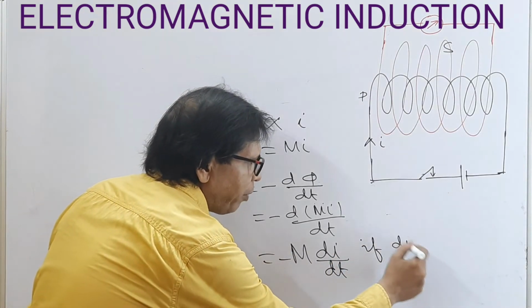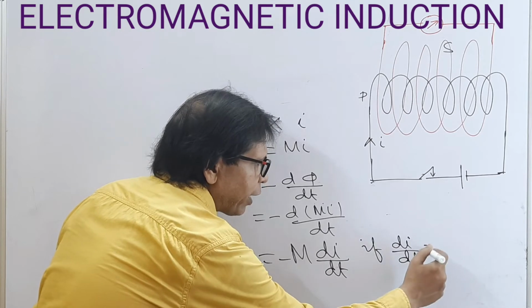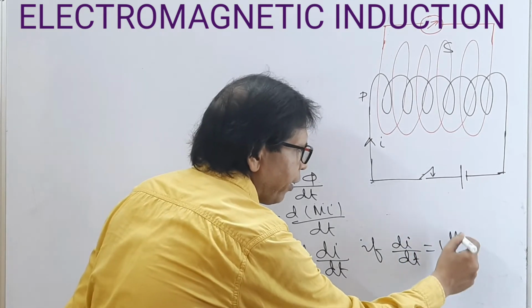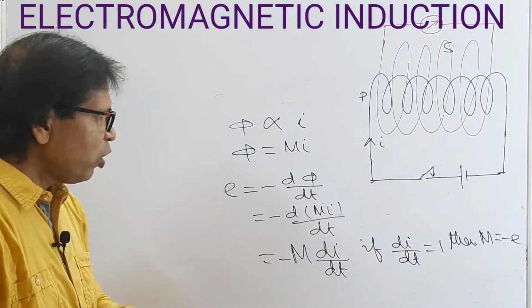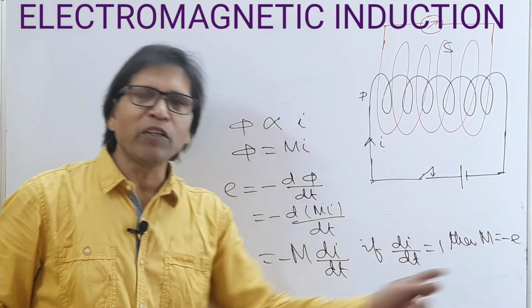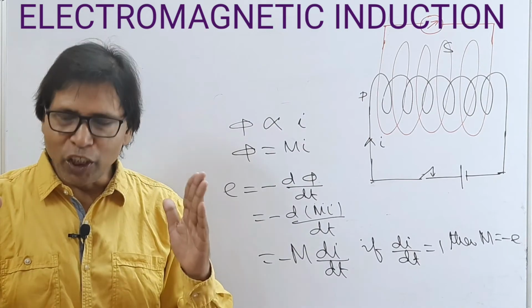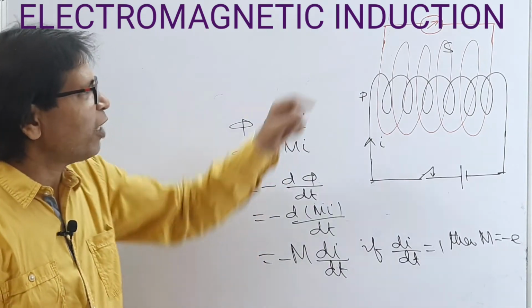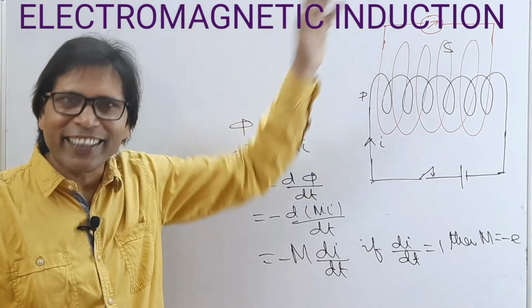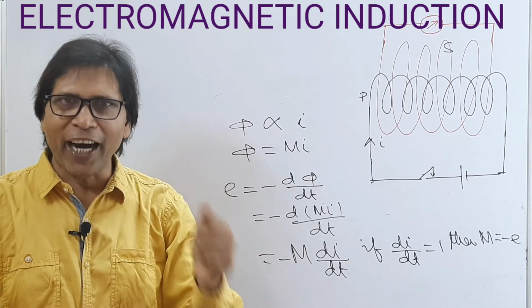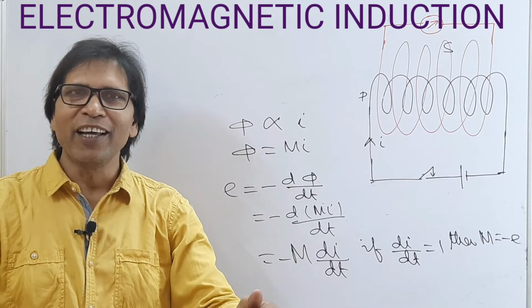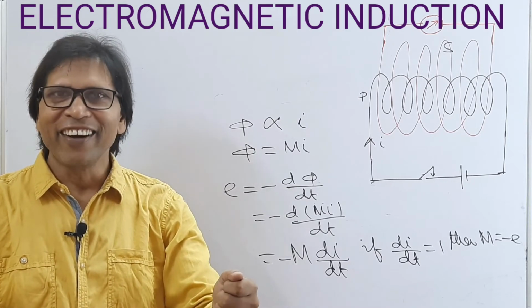If di by dt is equal to 1, then M equals minus E in magnitude. So mutual inductance between the two coils is numerically equal to the voltage induced in the secondary coil when the rate of change of current in the primary coil is unity.